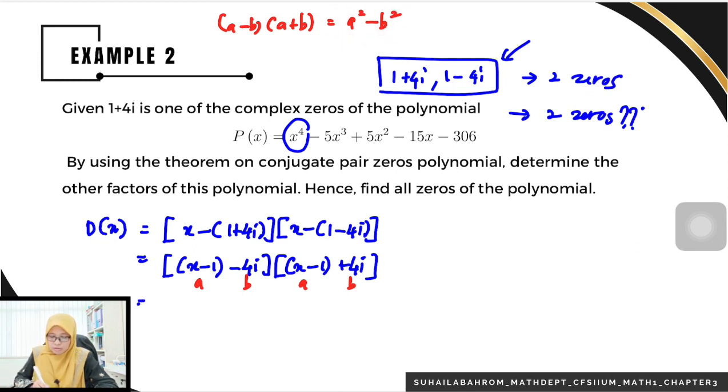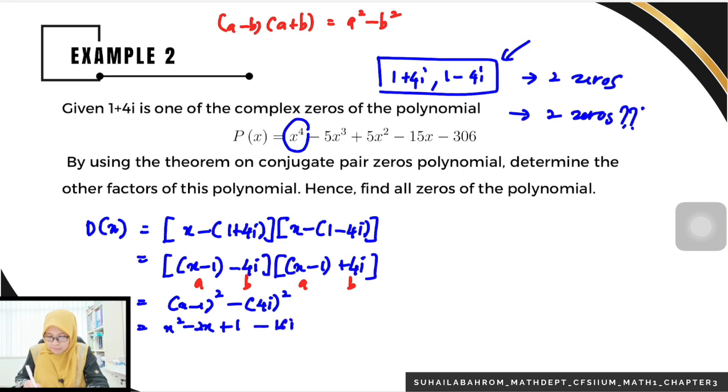When you expand, you get (x minus 1) squared, which is your a squared, minus your b squared, which is 4i squared, outside the bracket. Then expanding (x minus 1) squared, you get x squared minus 2x plus 1, and then minus 16i squared.